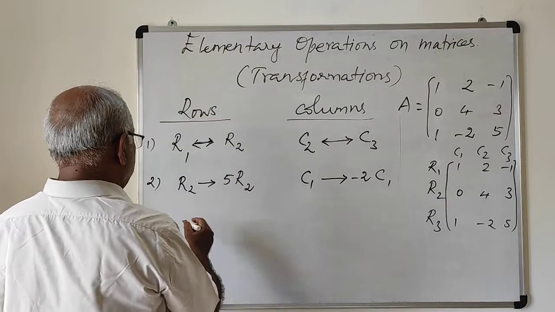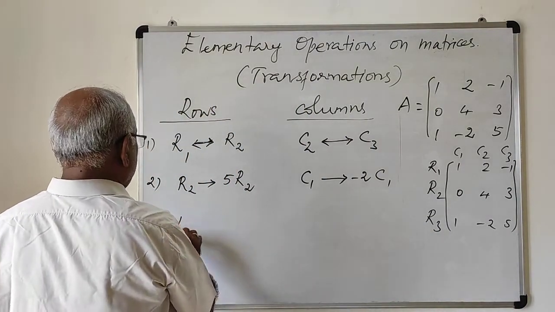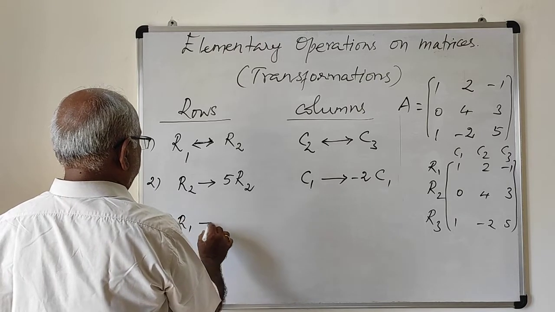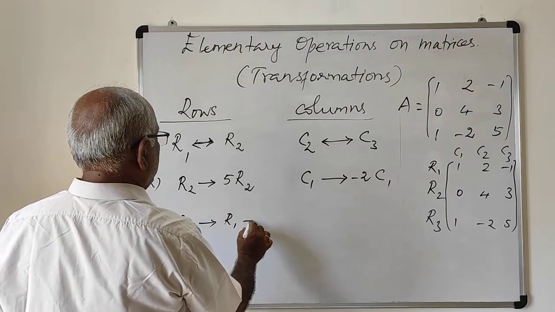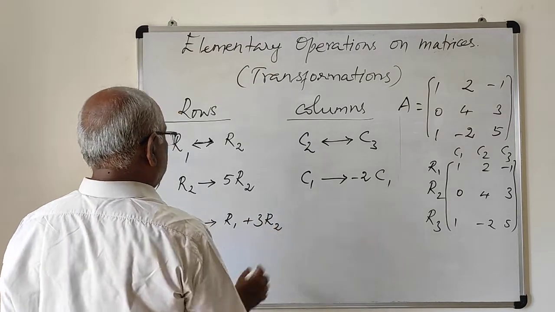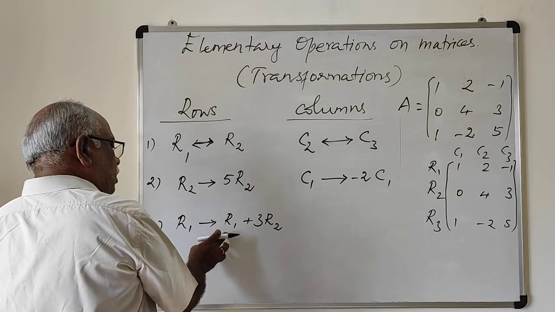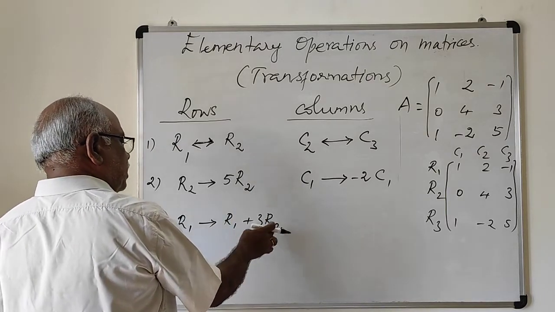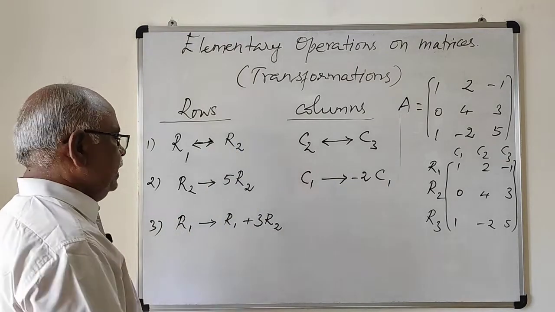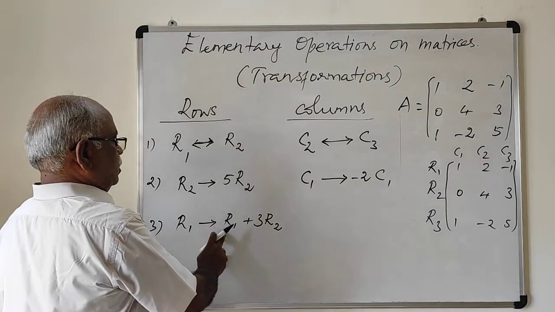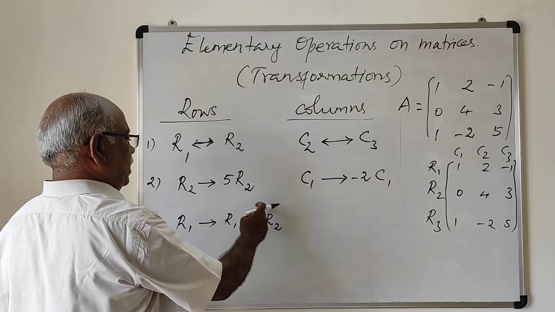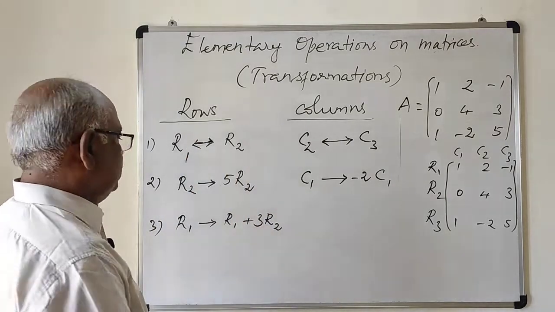That means R1 becomes R1 plus 3 times R2. The elements of R1 are added with the elements of R2 multiplied by the non-zero constant 3. This is another operation.